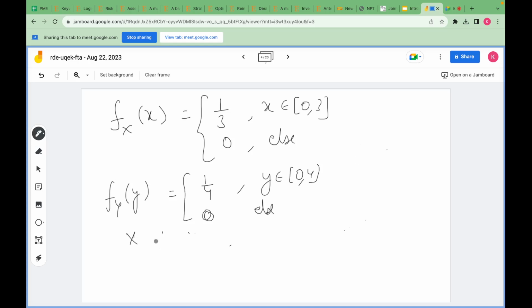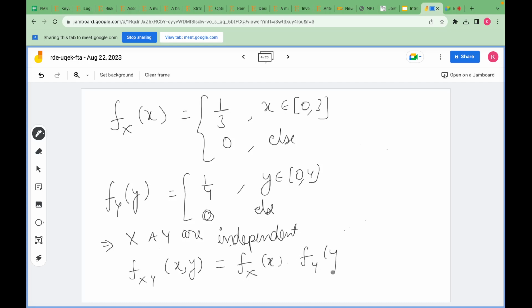So x and y are independent. So we can find the joint probability distribution fxy, which will be nothing but fx into fy. This is the property for independent random variables. So for independent random variables, the joint distribution is nothing but the multiplication of the individual probability density functions.